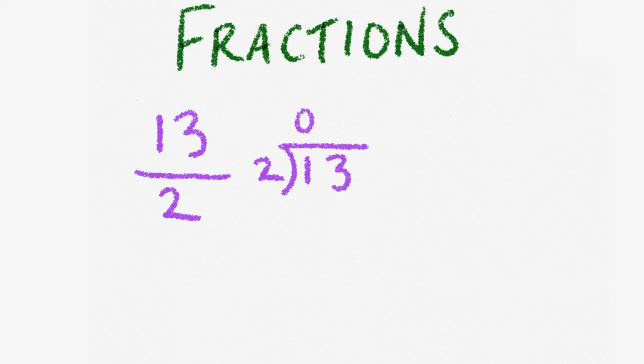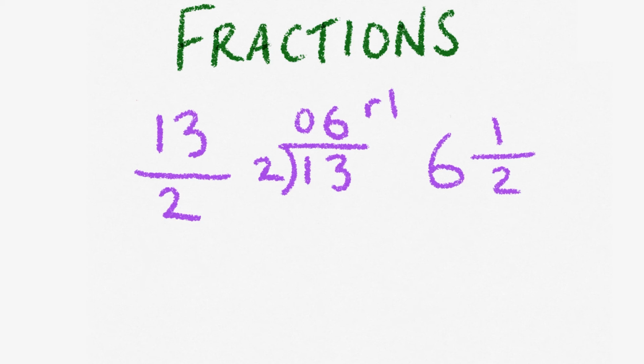There are 6 2s in the number 13, and of course with a remainder of 1. So that would mean that we have 6 whole objects and 1 left over. Well, 1 what? Well, we're looking at halves still. So that is 6 and 1 half. So that's how we convert from an improper fraction to a mixed number fraction.